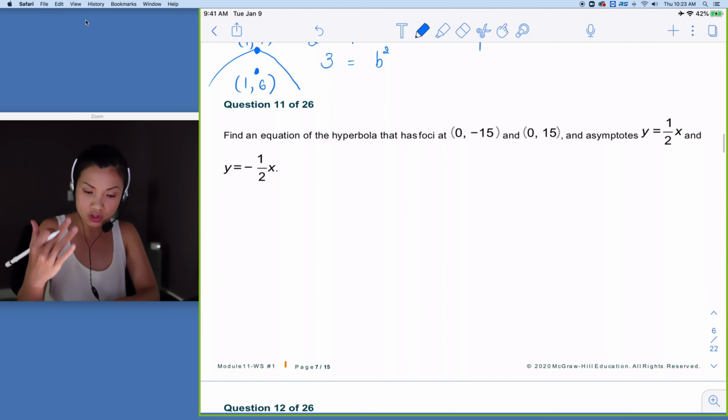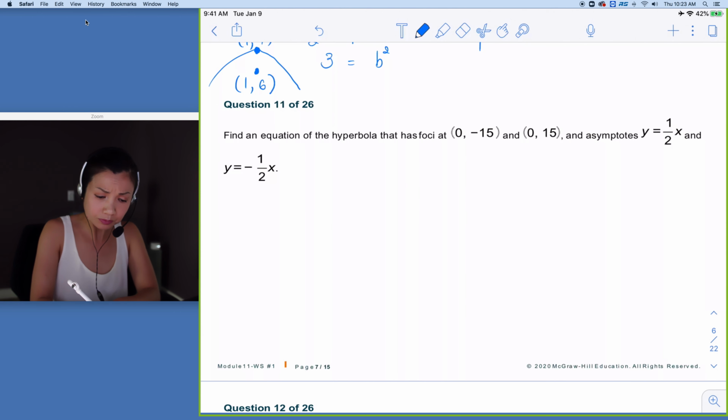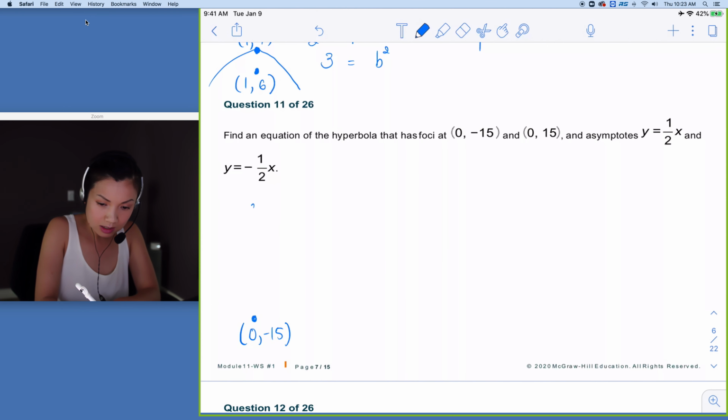So still, we should locate the foci. Now the foci are 0, negative 15, and 0, 15.